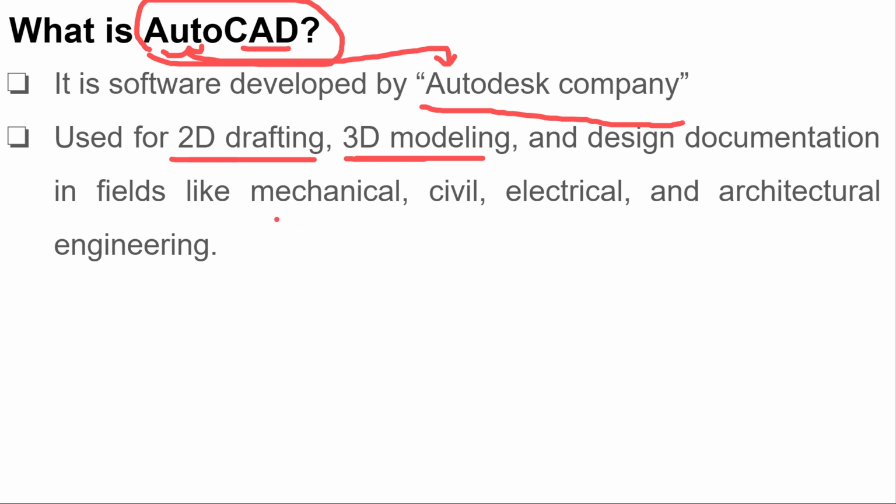This AutoCAD is used for many applications like mechanical, civil, electrical, architecture, engineering. There are other engineers who are using AutoCAD, like agricultural engineering, automobile engineering. There are a lot of other people who are using AutoCAD as one of the best software for their modeling.